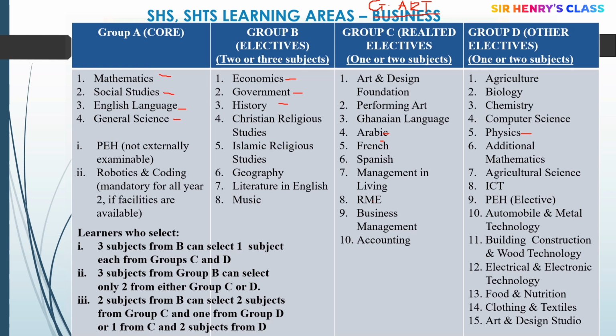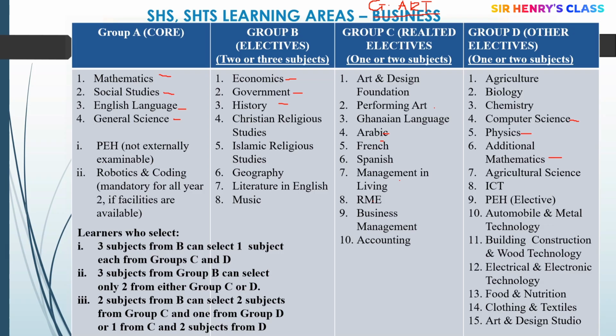So if you do your econs, your government or history, you can do both from group C, maybe performing arts and then management in living. You can't extend to group D. Or you can also do otherwise. Either you choose the 2 from D, maybe computer science and then your additional maths, and that is all.